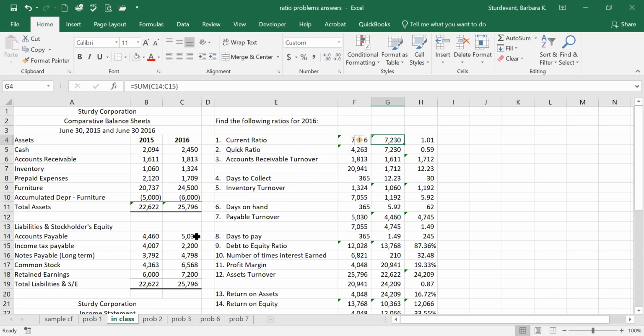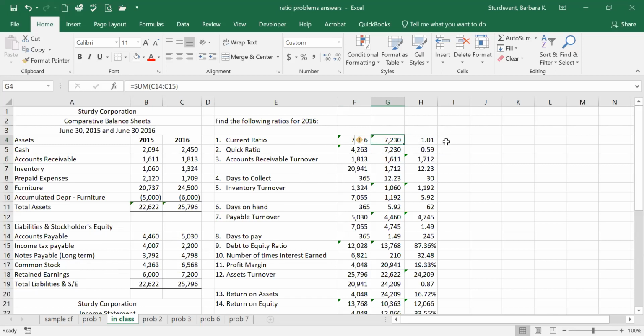Now, current liabilities in this case, with cash flow, we didn't include notes in the operating activities, but when we're doing ratios, if it's a current note, it's included. But in this case, the note we have is long-term. And so we are only going to include these 2 current liabilities, which is right here. And then we just divide.